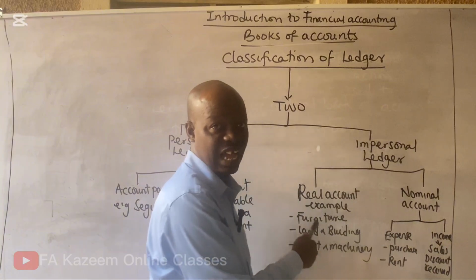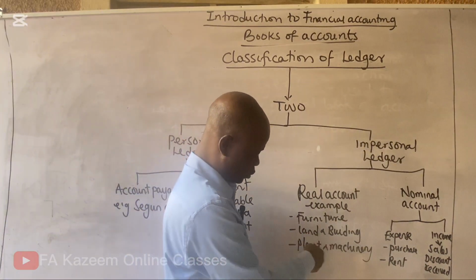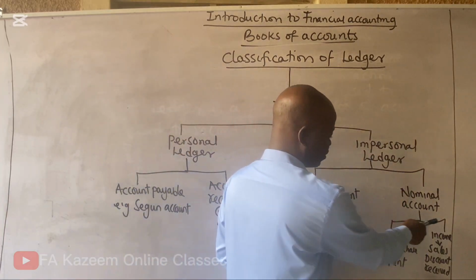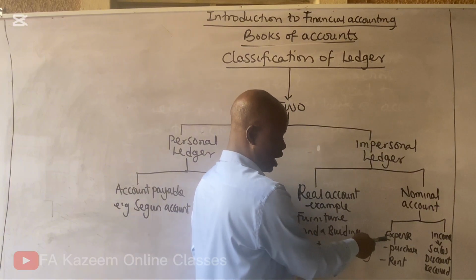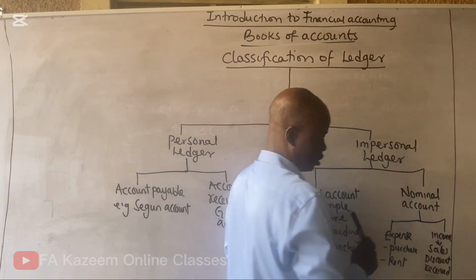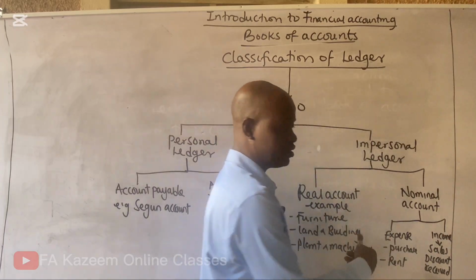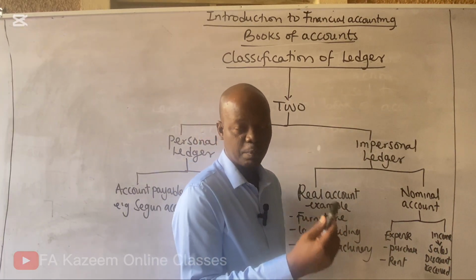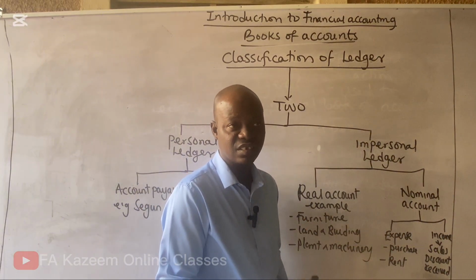Examples of real accounts are items of tangible assets such as furniture, land and building, and plant and machinery. Nominal accounts are classified into two. When we say nominal account, we are referring to either expenses or what? Income. Expenses in accounting are purchases, rent, rate, stationery, repair, motor expenses, motor repair, machinery expenses.